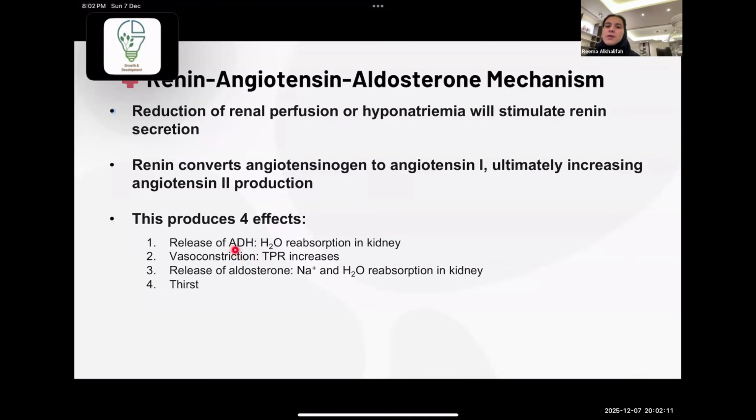It increases antidiuretic hormone levels, which causes the reabsorption of water in the kidneys, so it goes back into the vascular system. It also helps in vasoconstricting vessels, which causes the increase in total peripheral resistance. And it helps the increased release of aldosterone, which helps the sodium and water reabsorption in the kidney. And finally, it helps produce the sensation of thirst.